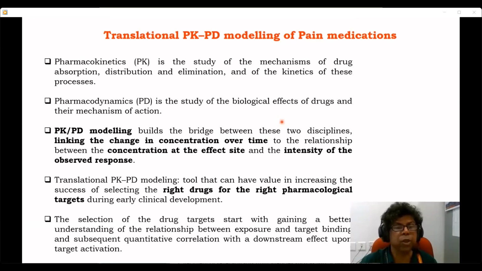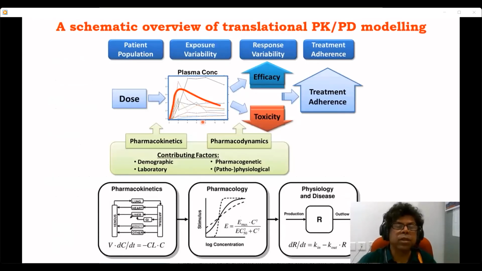So this is the new area where population pharmacokinetic modeling and pharmacodynamic modeling will be useful in pain research. This schematic overview shows how PK/PD modeling is done. You have a patient population, give the drug and measure the plasma concentration, see the efficacy and toxicity, and also see whether treatment adherence is there or not.